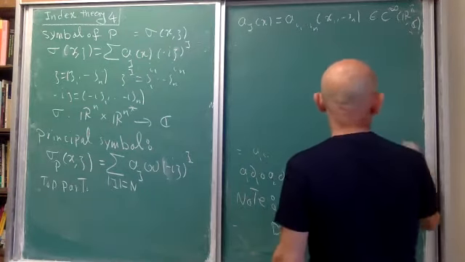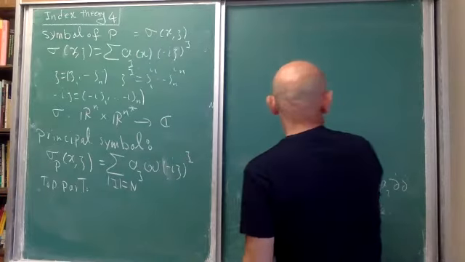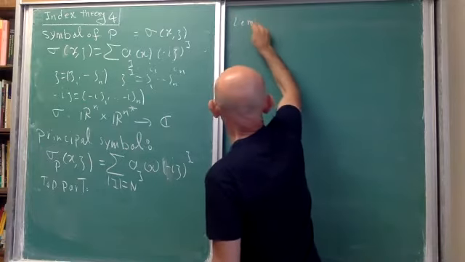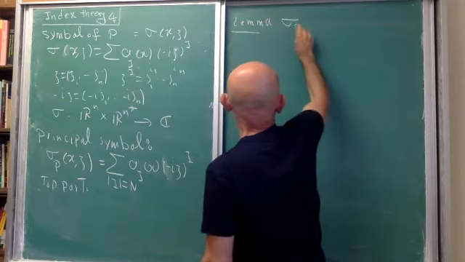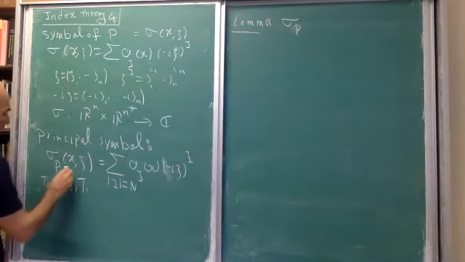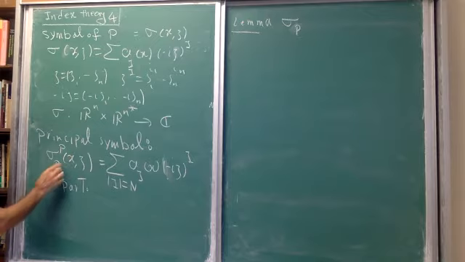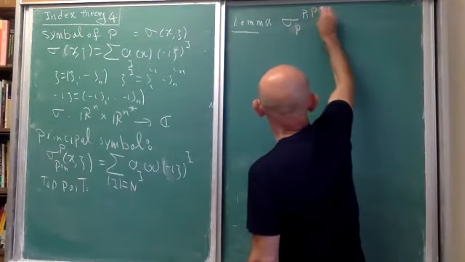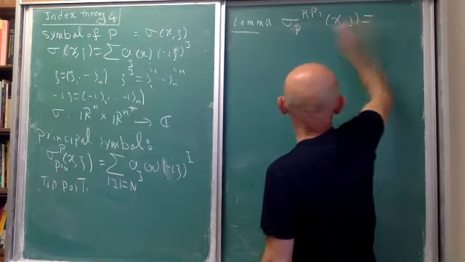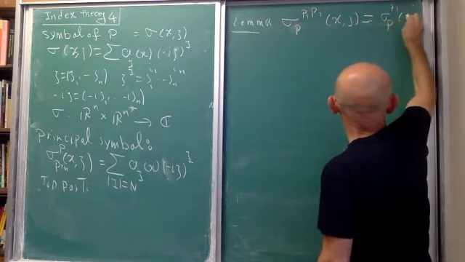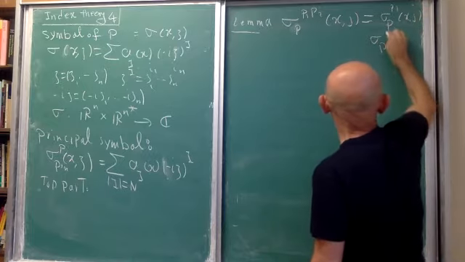So it's a lemma: the principal symbol of P1 P2 at (x, xi) is the product of the principal symbols, equal to sigma_P1(x, xi) times sigma_P2(x, xi).